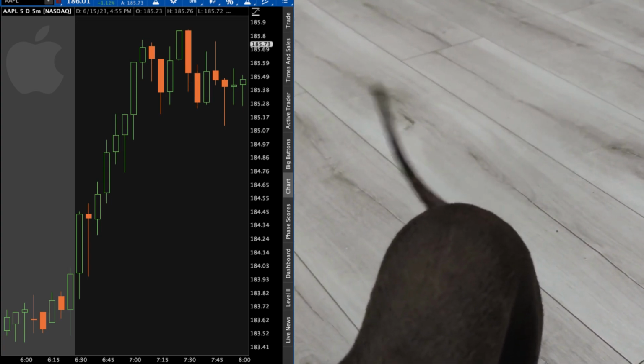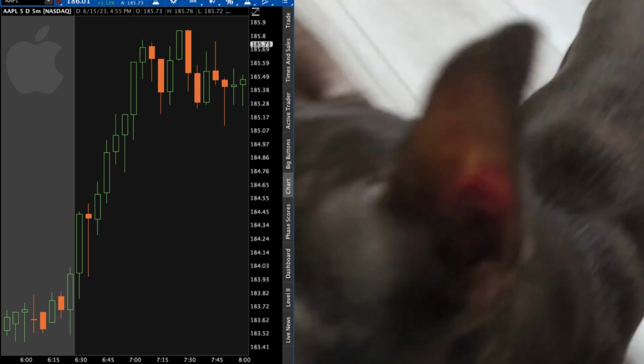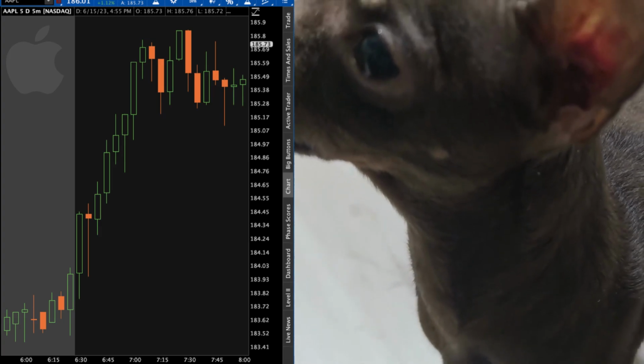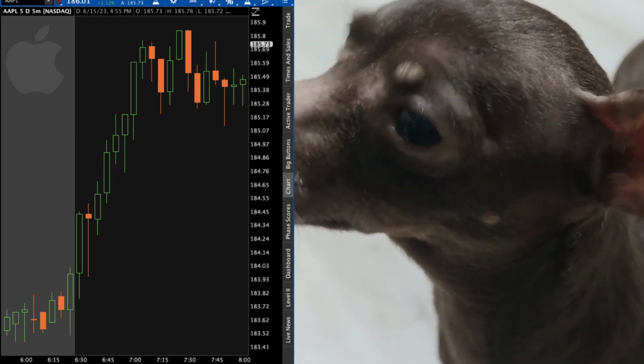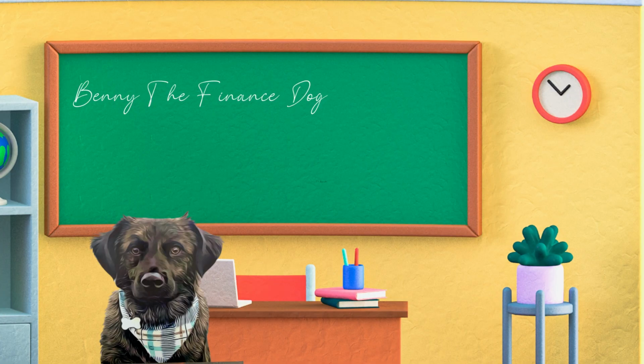Apple continued to rally up and up and up, and as the first 30 minutes of the day unfolded, the contracts got more and more towards break even until about 7 a.m. this morning, when they actually reached break even.